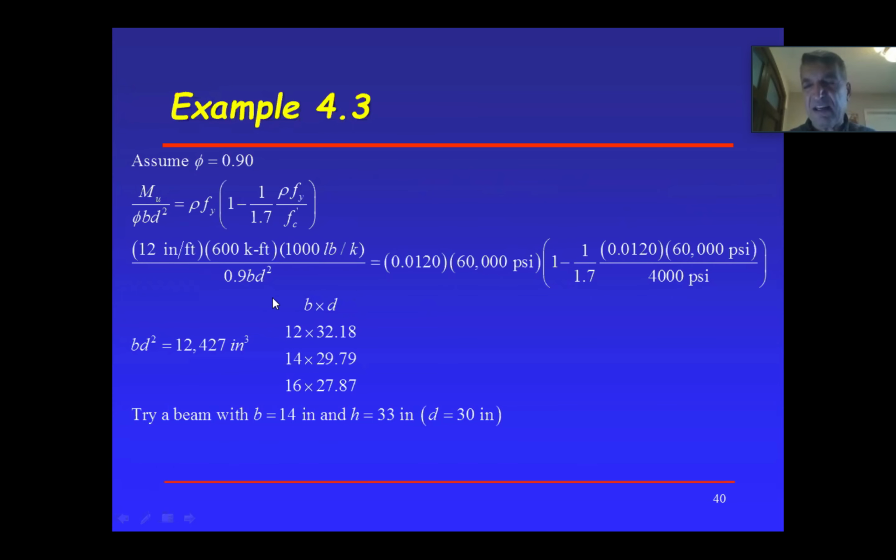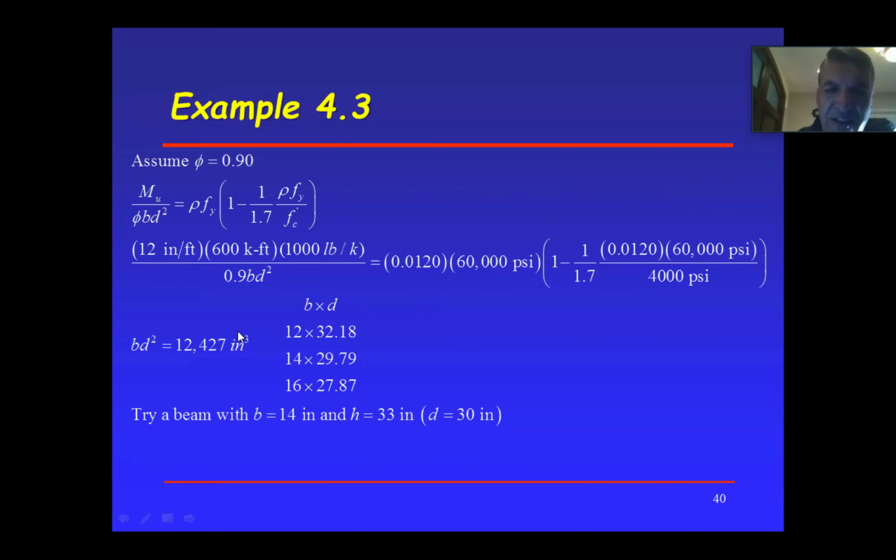I don't know b and d, because I'm designing the cross section. Rho is given, 0.012. fy is given, and 1 is constant. Everything here you know. So look at this one huge equation with 2 unknowns, b and d. Of course, I cannot solve that. You need 2 equations.